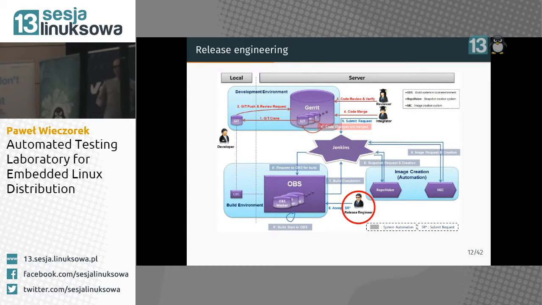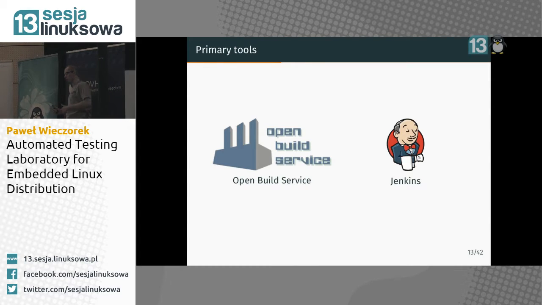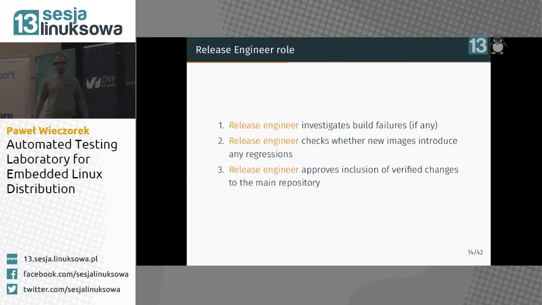So, as I mentioned earlier, for release engineers, two primary tools are Open Build Service and Jenkins. Open Build Service, as I said before, manages all the packages, and Jenkins serves for other tasks: scheduling, queuing, and managing resources. But what are actual release engineers' roles?